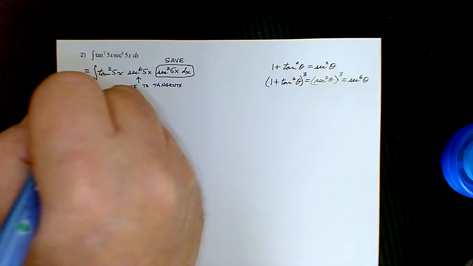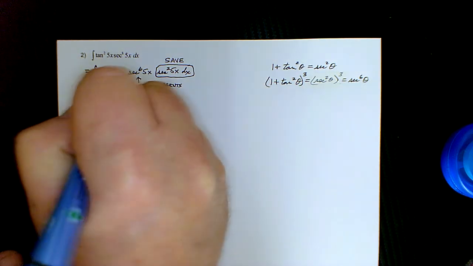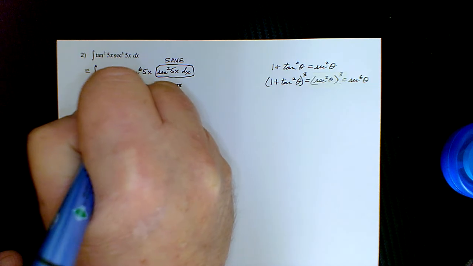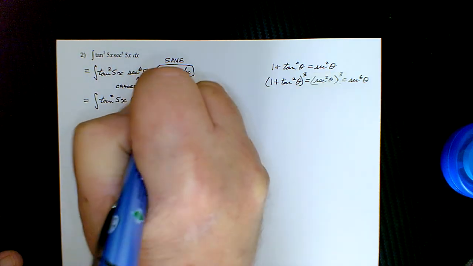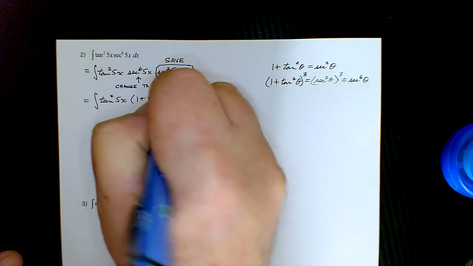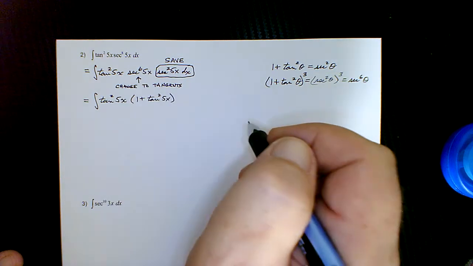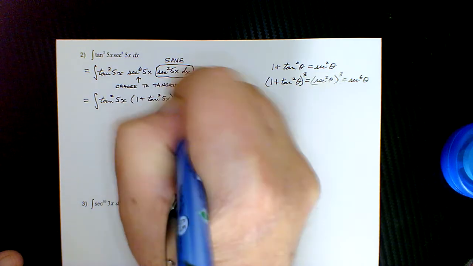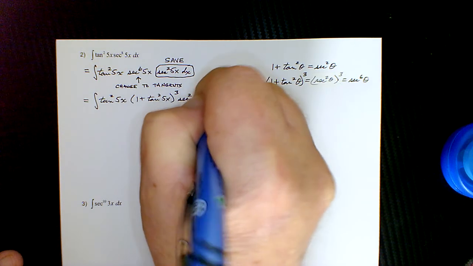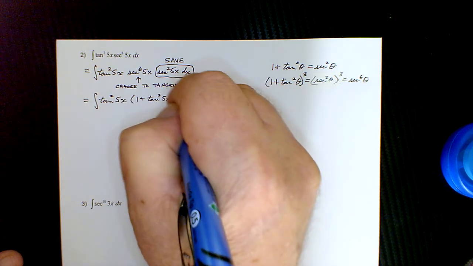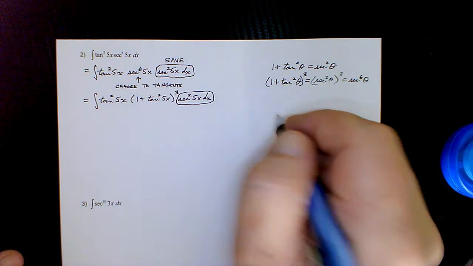Okay, so making that substitution, integral of tangent squared 5x, 1 plus tangent squared 5x represents 2 factors of secant. To account for 6 of them, we'll have to cube it, and then recopy the secant squared 5x dx that we're saving for our du. Okay, U-substitution time.